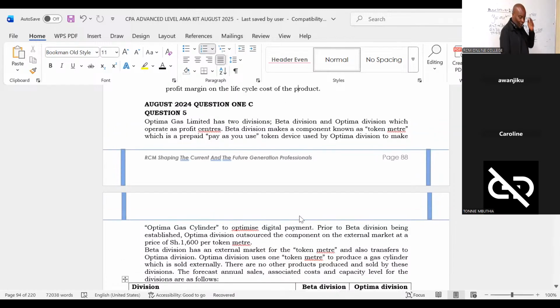So we have two divisions, Optima and Beta. We start with Beta, since Beta is the one making the intermediate good. Very easy.